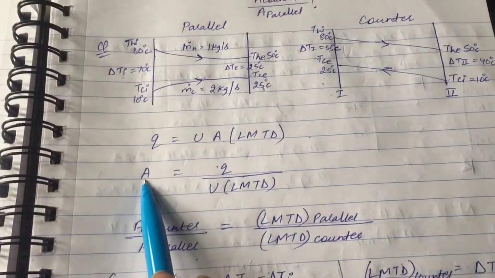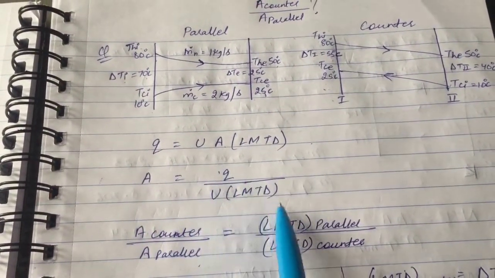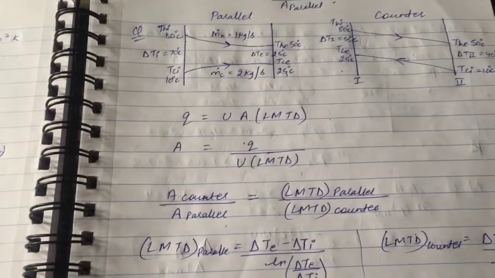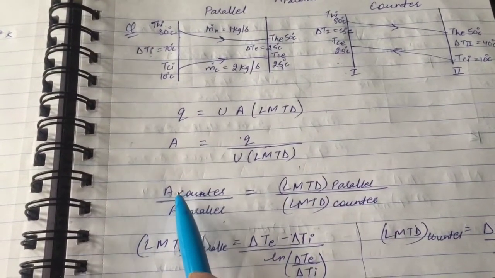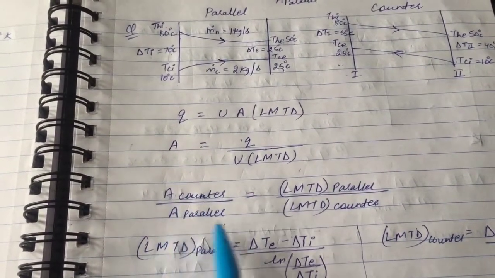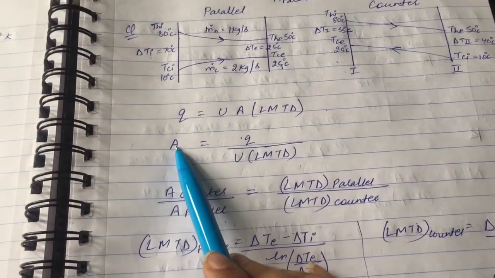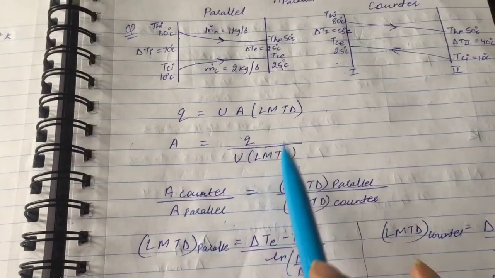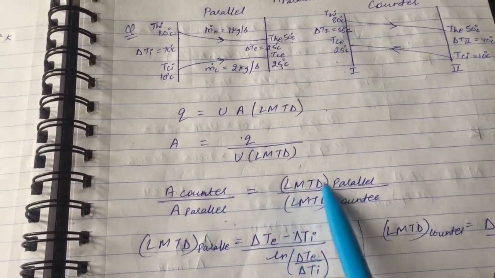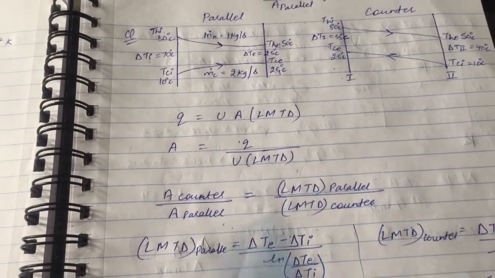From here we can calculate our A, which is Q by U LMTD. So we can say that area of counter flow by area of parallel flow would be equal to, since area is inversely proportional to LMTD, LMTD of parallel flow by LMTD of counter flow.